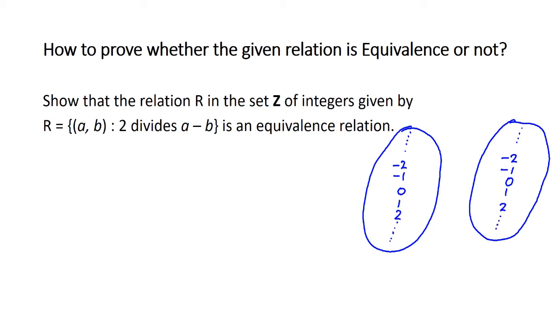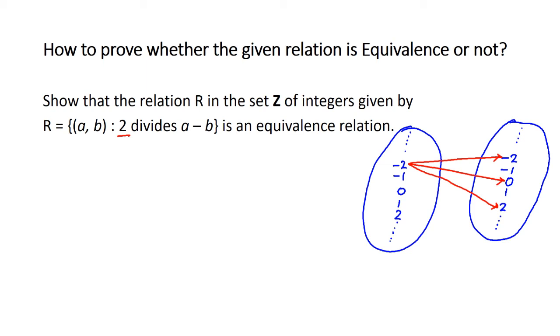And if you observe, -2 is related to -2 because the difference is 0, which is an even number. -2 is related to 0 because the difference is again an even number and is divisible by 2. -2 is related to 2 also, and so on. So this mapping will give you a clear idea about this specific relation. All evens will be related to evens, all odds will be related to odds.